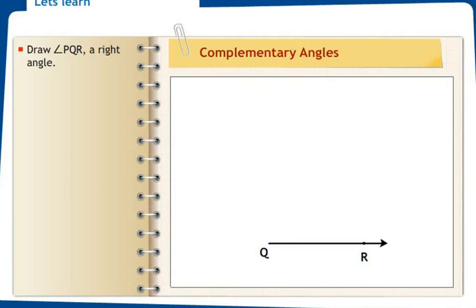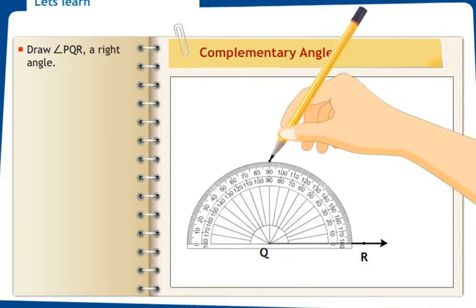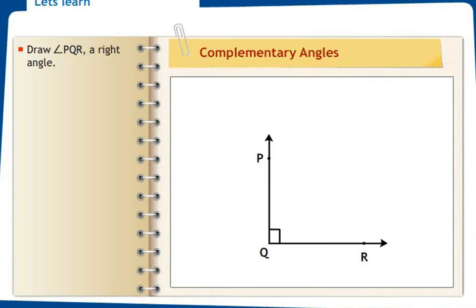You can see in the diagram, we will draw ray QR and place the protractor at point Q and mark the point 90, sharp at 90, and you will see now angle PQR.